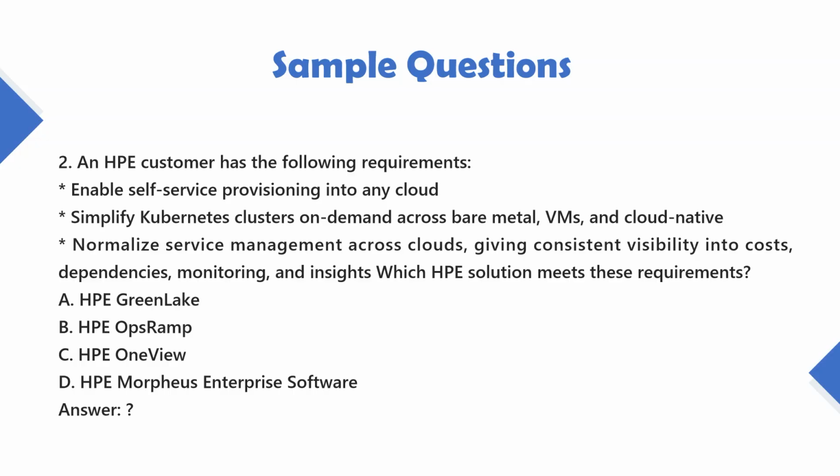Normalize service management across clouds, giving consistent visibility into costs, dependencies, monitoring, and insights. Which HPE solution meets these requirements? A. HPE GreenLake. B. HPE OpsRamp. C. HPE OneView. D. HPE Morpheus Enterprise Software.